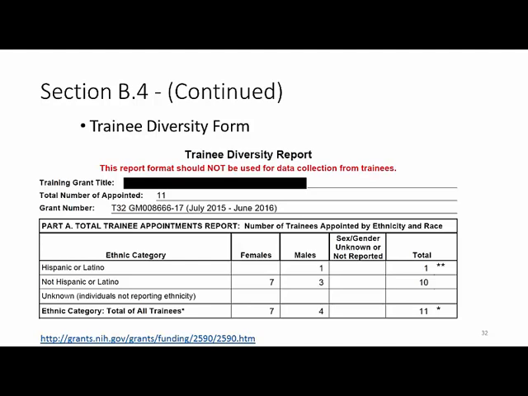In this example we have 11 trainees, and the number at the bottom should equal the amount of trainees. There's one male who is Hispanic, and the other 10 are not. All your numbers need to add up to how many are on your training grant.